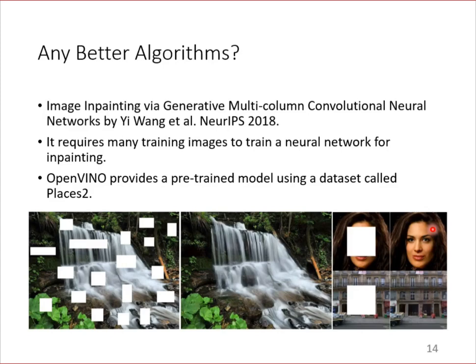You can hardly find any artifacts on the reconstructed image. And for buildings, it looks like this. Because it requires many training images, the reconstructed result will depend on the training images.